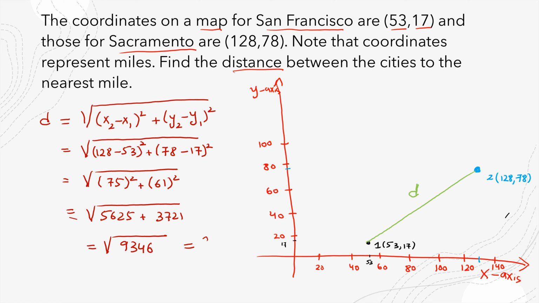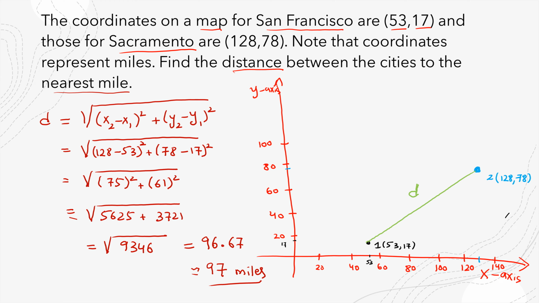If you simplify this, it is 96.767. Since we are looking for the distance to the nearest mile, I can say this is around 97 miles.